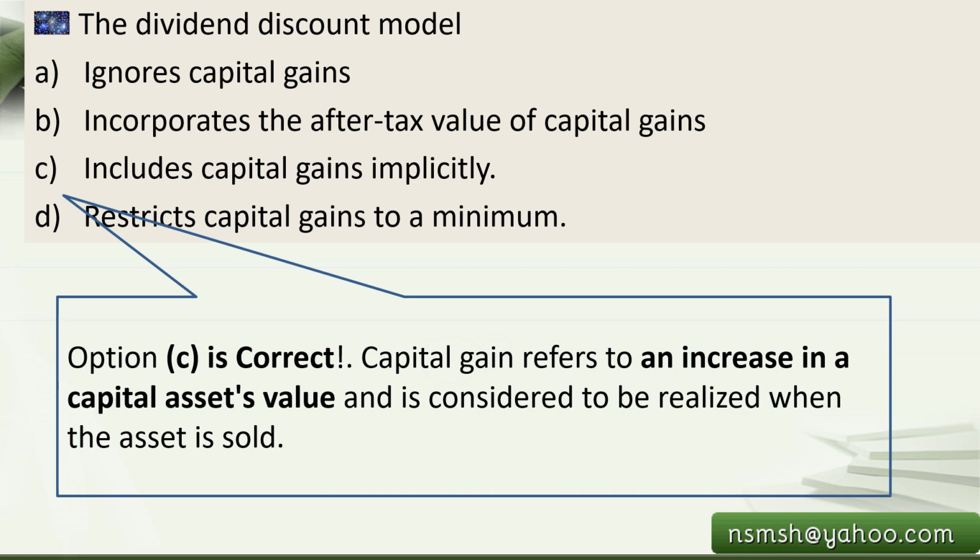B, incorporating the after-tax value of capital gain, is also not right, because equity capital value is not after tax. It is not debt interest. So C is the right answer, and D, restricting capital gains to a minimum, is not a reasonable explanation.